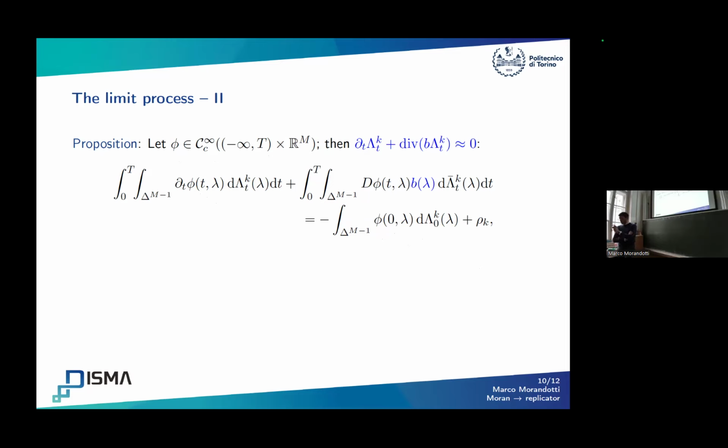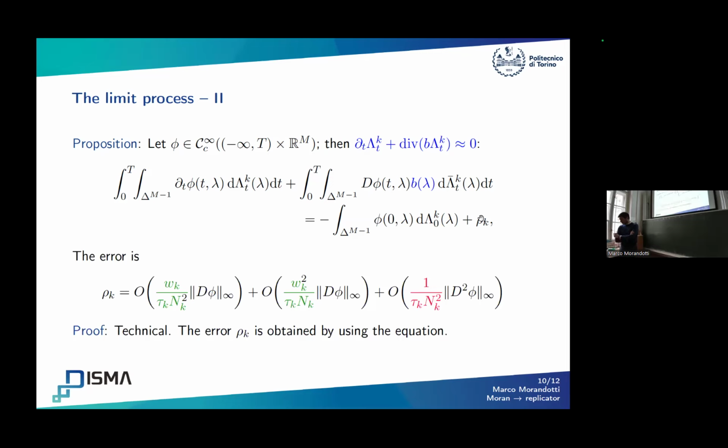And when I transfer the partial derivatives onto the test function, I need to have a suitable notion of differentiability. In this case, it's pretty okay because it's just vectors. The time variable is one-dimensional and lambda is a vector in the simplex, so that's okay. And the wiggle there is encoded in this remainder rho k, which is quantified in that way.